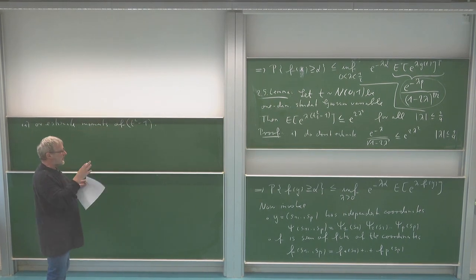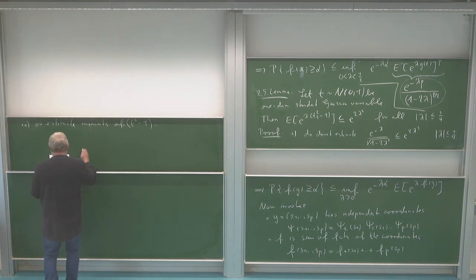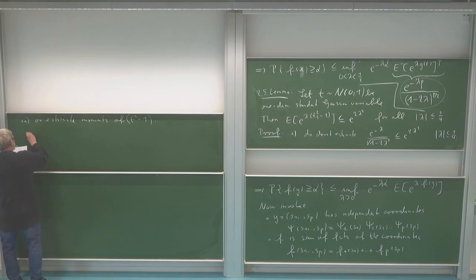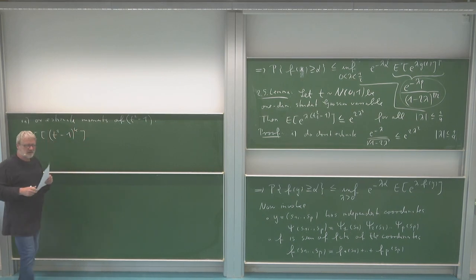So the generating function contains the moments of this guy. So if you have estimates for this, it's okay. So we should have estimates for the moment of t squared minus 1 to the power k, for all k.